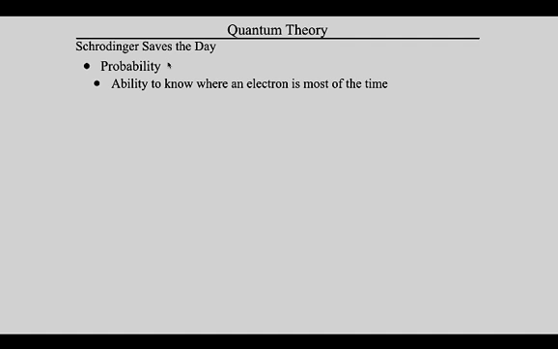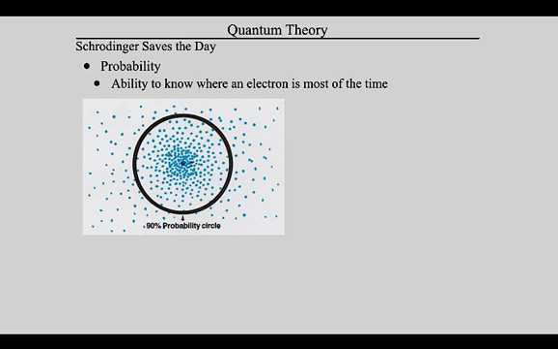And interestingly, the equations that he used were the same equations that physicists use to describe waves. And guys, here's what he did. He started to take these equations and use them to describe where electrons would probably be. And he started to think of electrons like this. He started to think of electrons as probabilities.